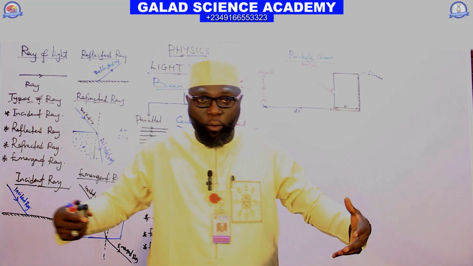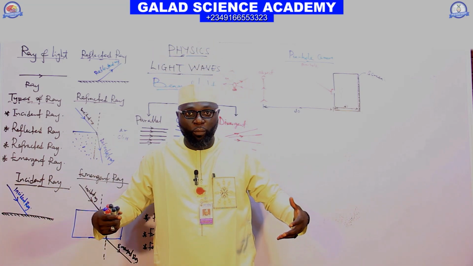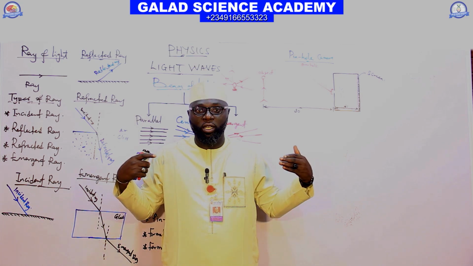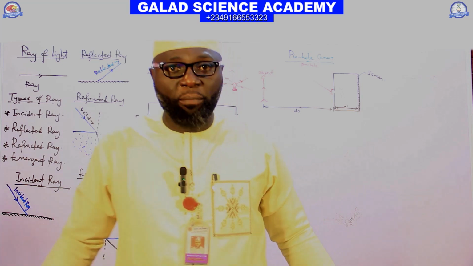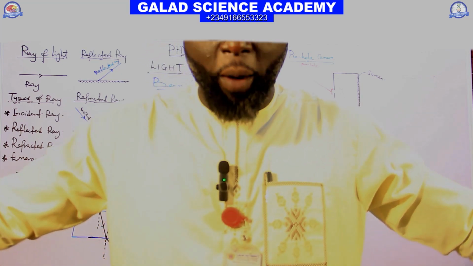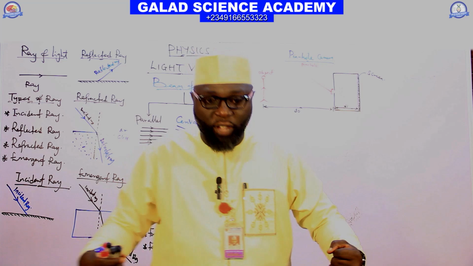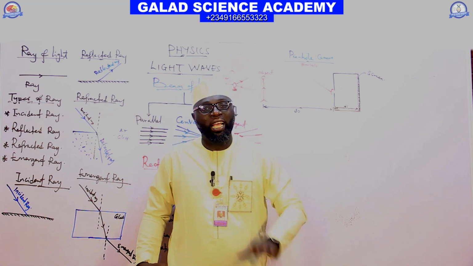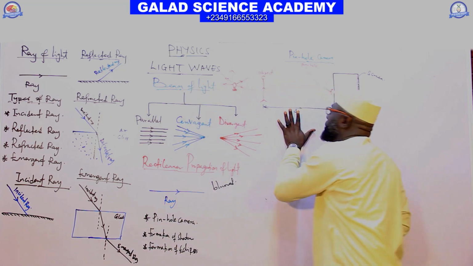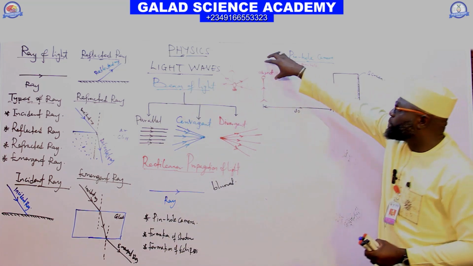When I move backward, away from the camera, the size of my image is reduced. When I move forward to the camera, my image is bigger, but when I'm moving away from the camera, the image size is reduced. The same thing happens to the pinhole camera here, when the object is moving toward the camera.